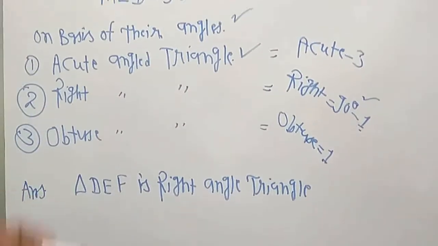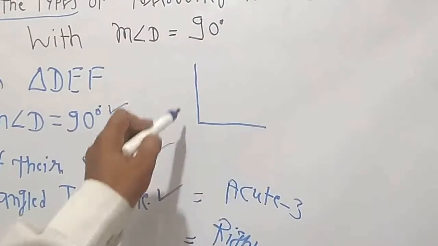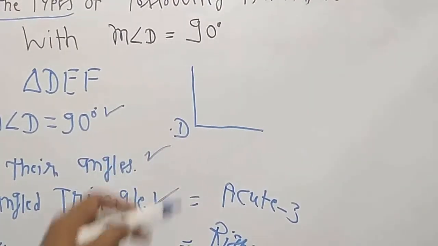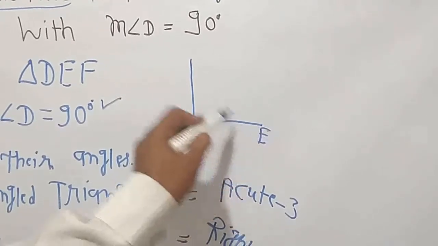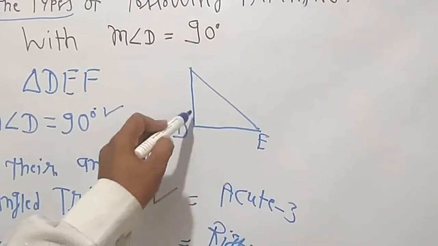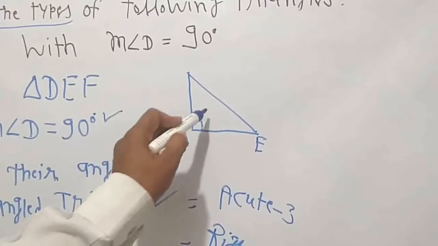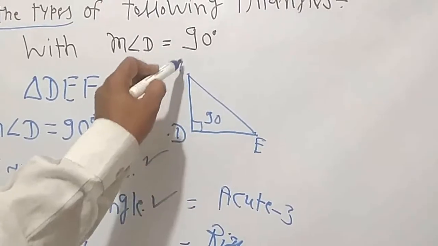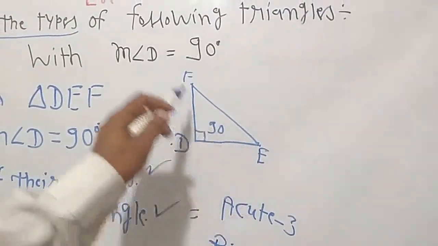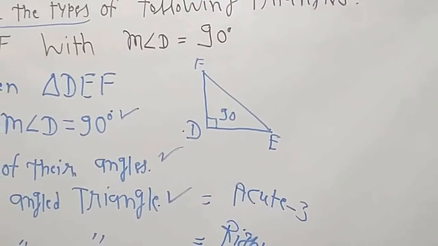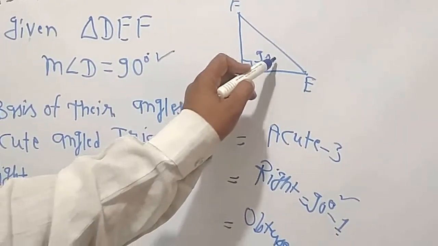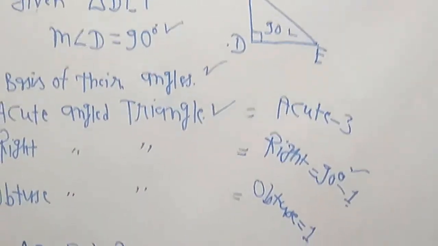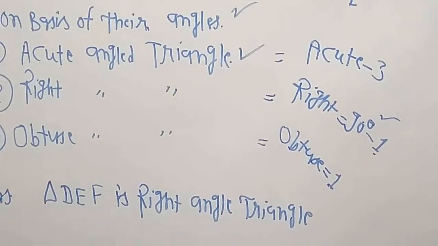And the figure of this is, we draw here the angle D is 90 degree and it is DE and DF. At least one angle should be 90 degree, so the triangle is a right angle triangle. This is the answer of this part.